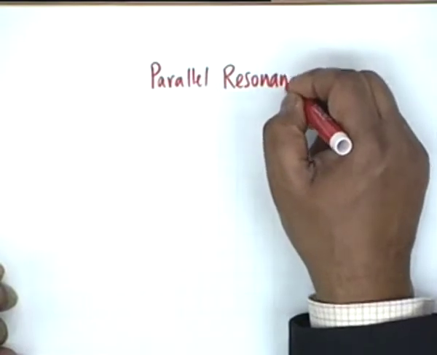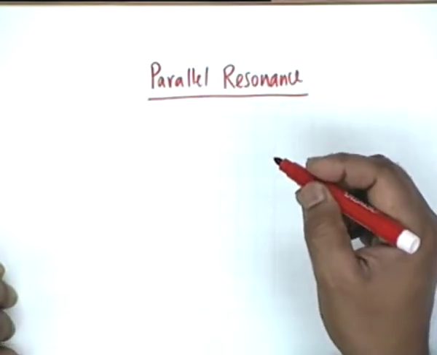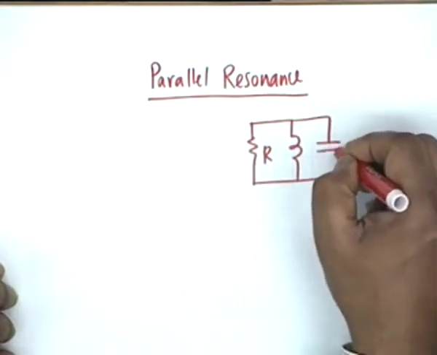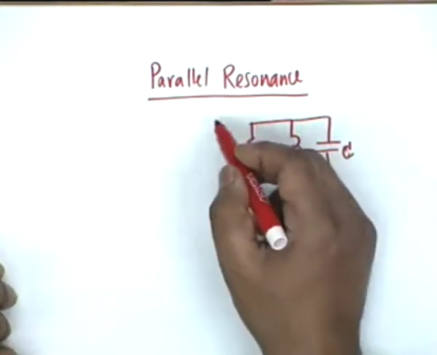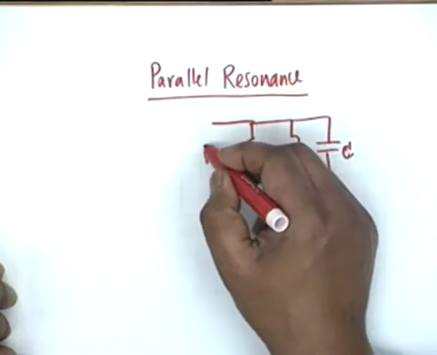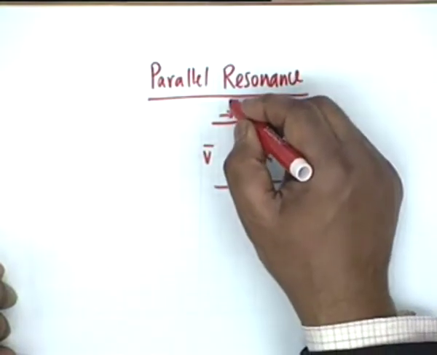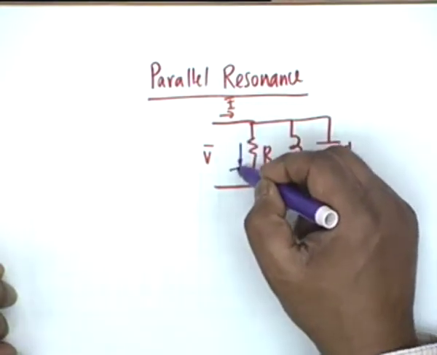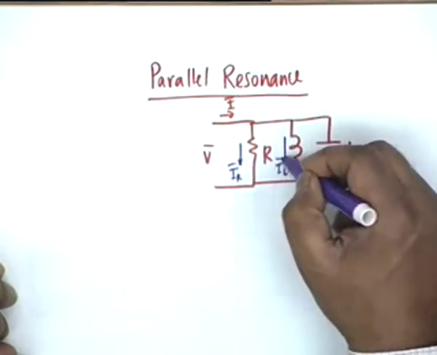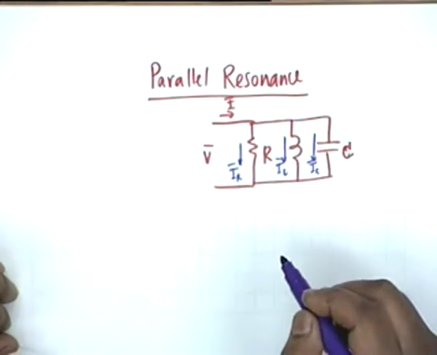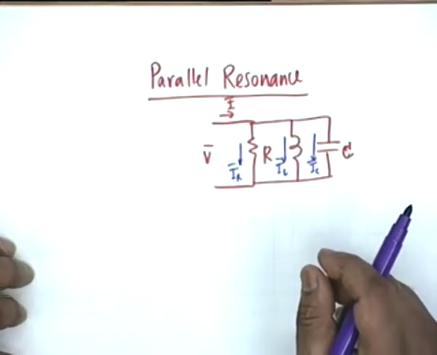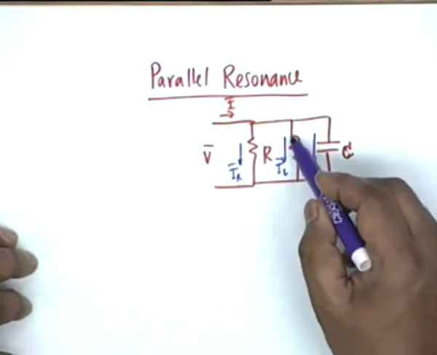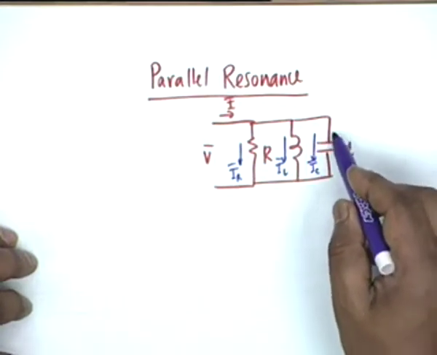We can also consider the dual circuit in which the three elements are connected in parallel, R, L and C, and then it would make sense to talk of a voltage excitation and find out the total current phasor in the circuit, and it will consist of three components, namely IR, IL and I sub C, and you can see that a similar phenomenon like resonance shall occur, under which condition the reactance of the inductor shall be cancelled by the reactance of the capacitor.